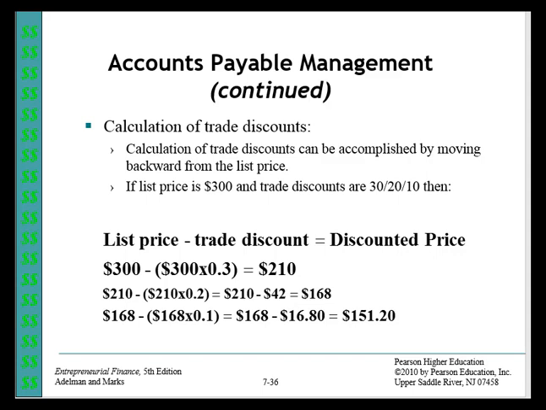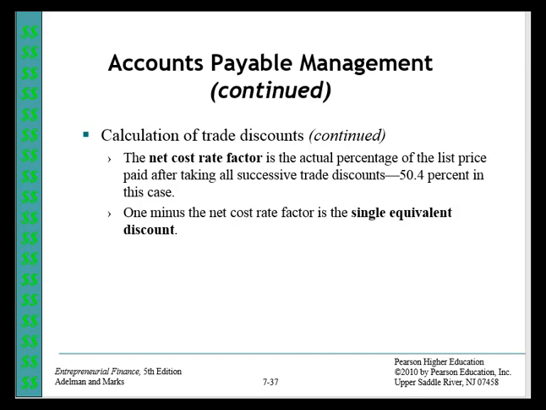Now, some of that is going to be used up by some of the contracts. So there is an expense to doing the obligation. This isn't pure profit, but it just sets a discount price so that you can do business with this particular company. We can look at this a couple of different ways. There's what's referred to as the net cost rate factor.